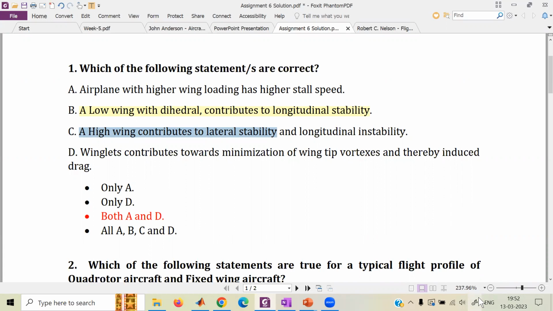The entire statement is correct because longitudinal instability is written. Yeah, I also noticed it now, yes sir. So the entire statement is correct, because a high wing is contributing to lateral stability. That much is correct, and longitudinal instability. Yes, sir. So the entire statement is correct, actually, I guess.